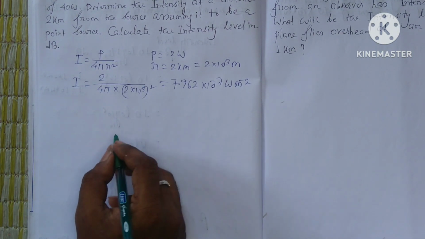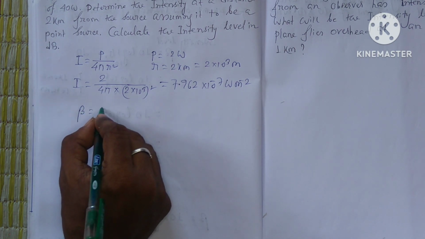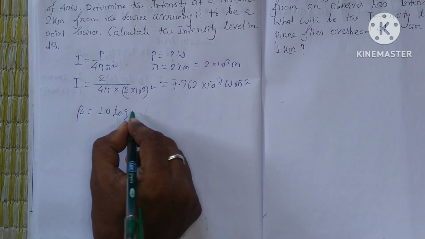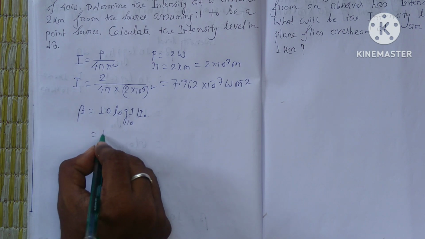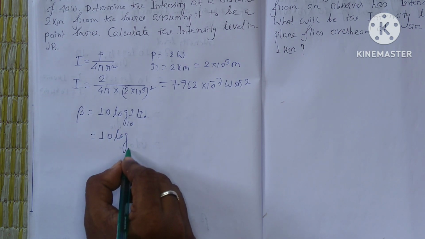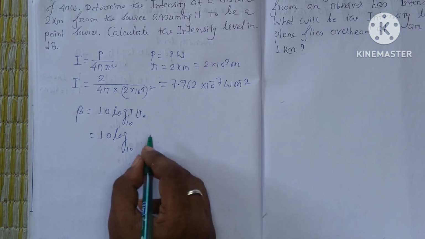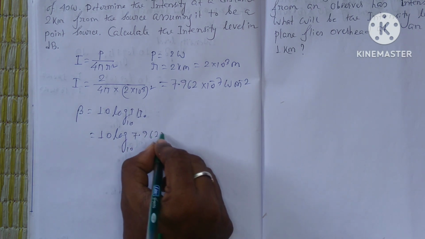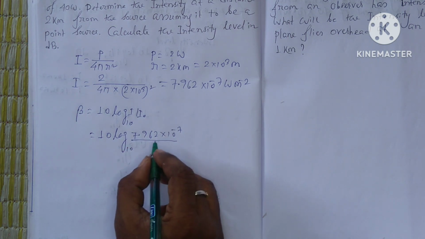So that is the intensity level beta. We can write 10 log 10 base I by I0. I is given, this is the value of I. So 7.962 into 10 to the power minus 7 by I0.